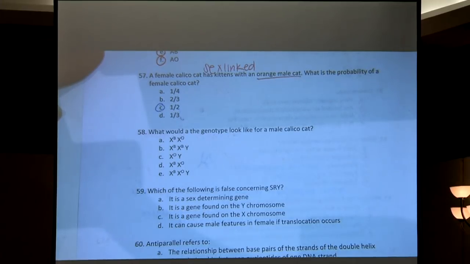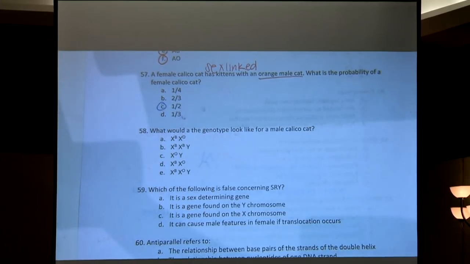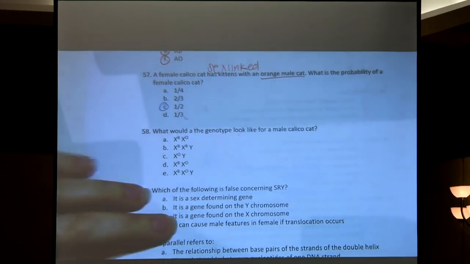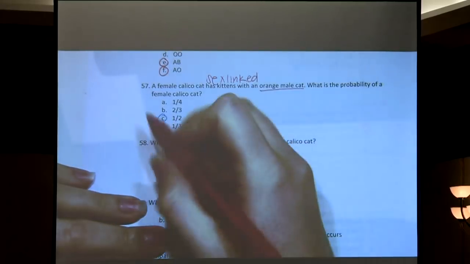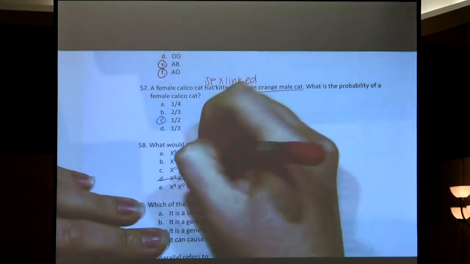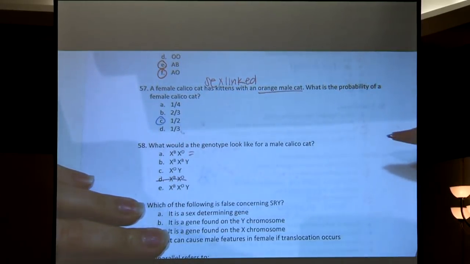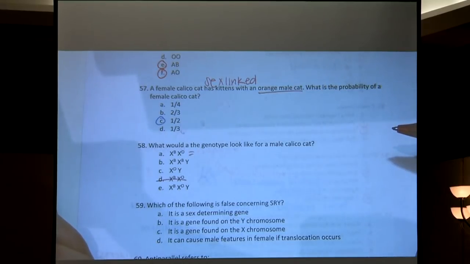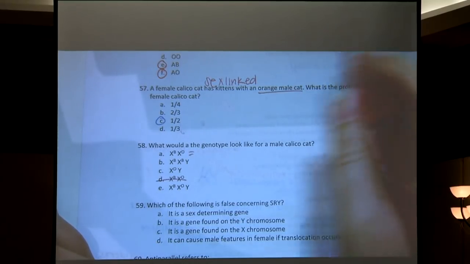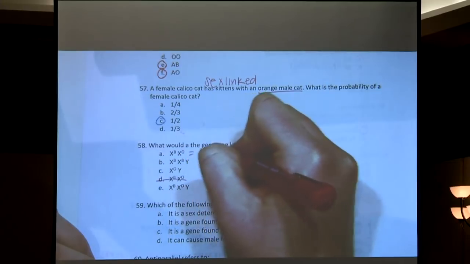In the case, what would a genotype look like for a male calico cat? So kind of going through, A and D are actually the same thing. XB XO would be a what type of cat? This would be a female calico.